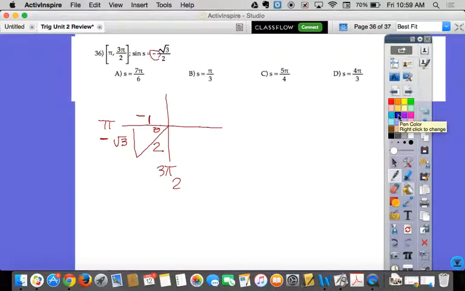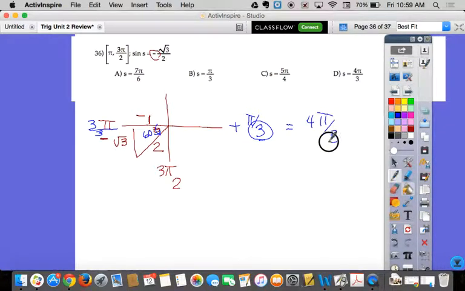Which angle is always opposite square root of 3? Now we learned it as 60, but 60 is the same thing as pi over 3. Now if 3 is in our denominator, that would make this 3 pi over 3. Now we went more by pi over 3. So 3 pi over 3 plus pi over 3 is 4 pi over 3. There we go.